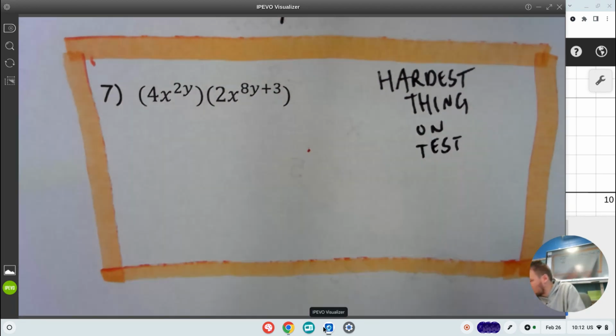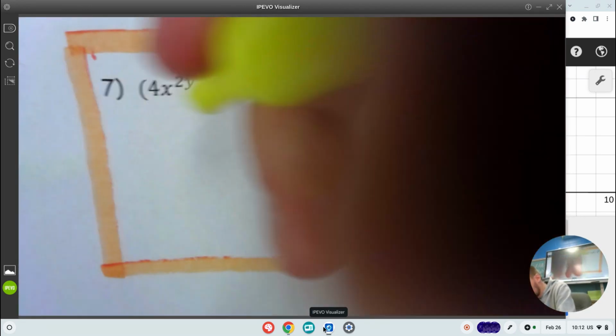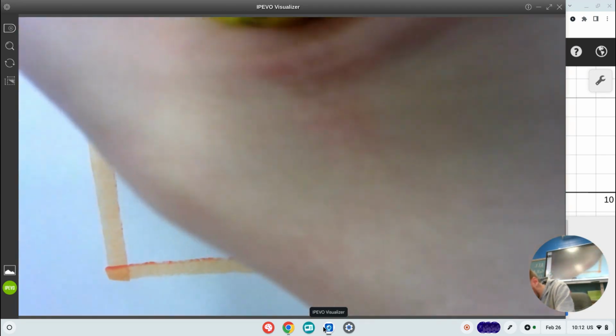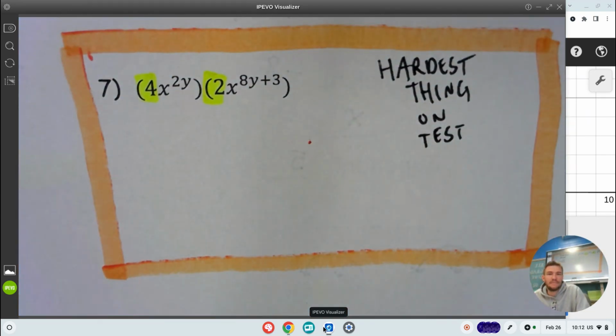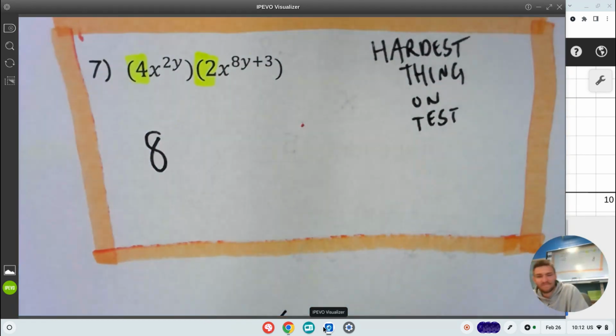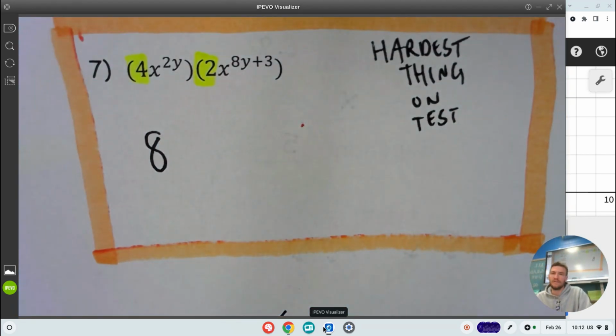We're going to consider the big numbers first, which is 4 and 2. And what's 4 times 2? 8. All right, easy so far, right? Up next, we want to multiply the letters together. And when we multiply the letters together, it's like we're adding the exponents together, right?